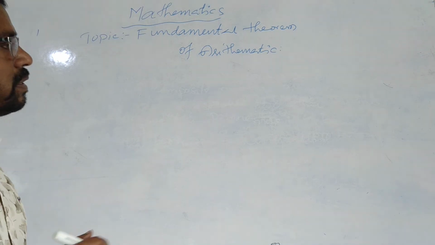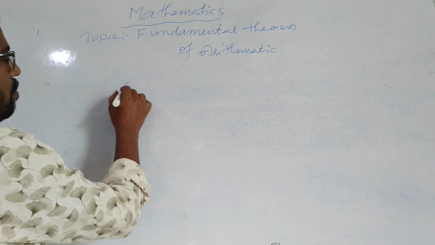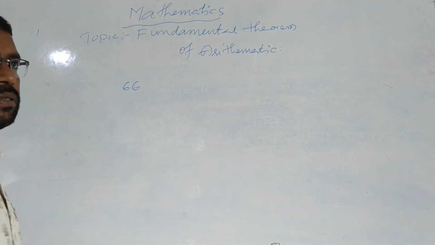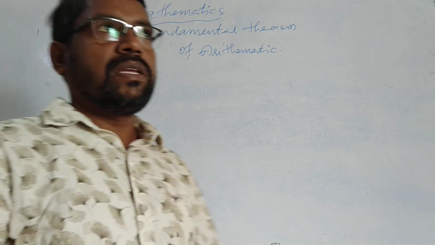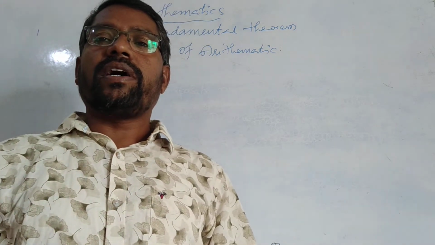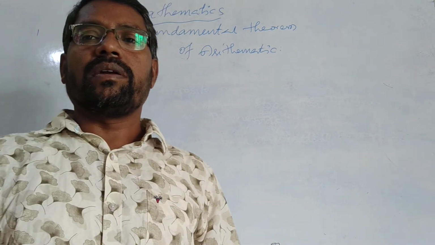I want to take 66, which is in your textbook examples. We are going to divide this into its prime factorization. What is the meaning of prime? It does not have any other factors except 1 and itself. That is called a prime number.